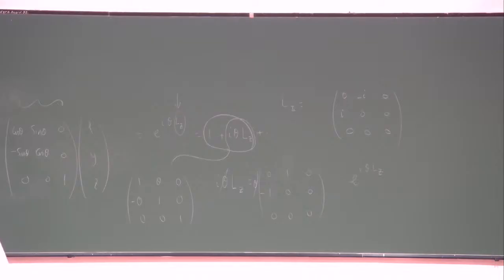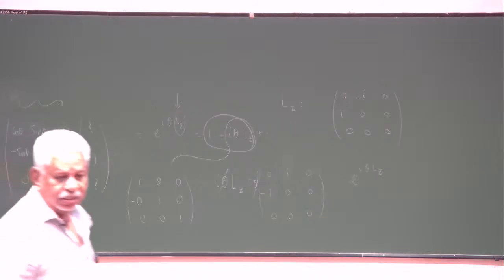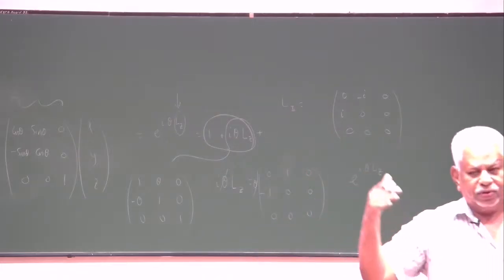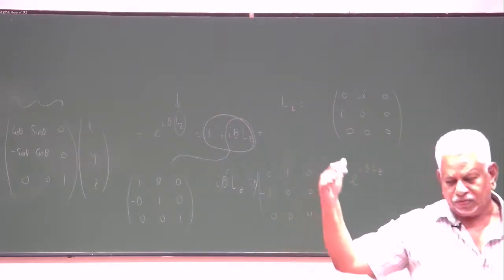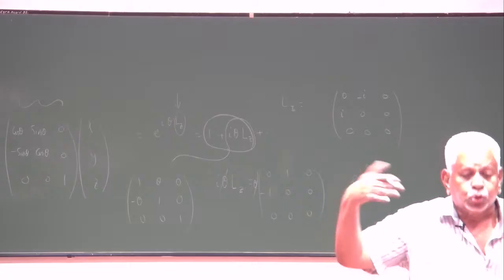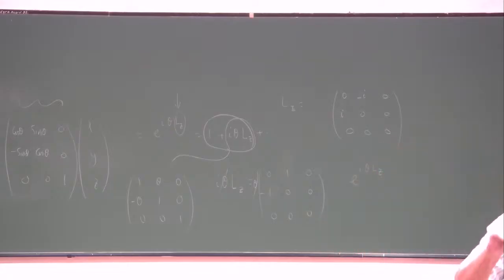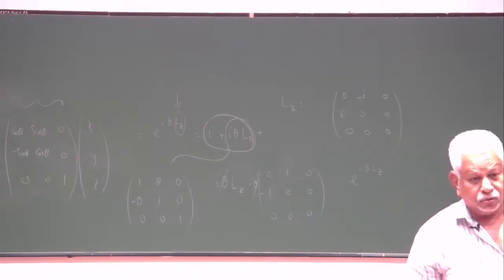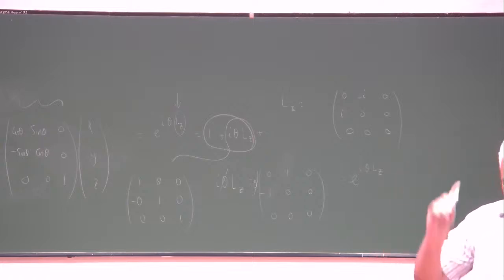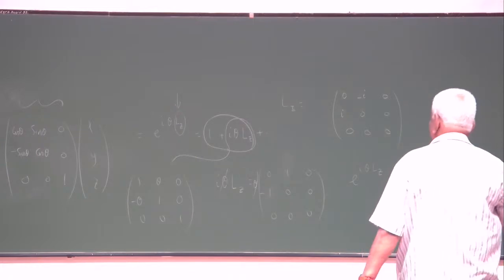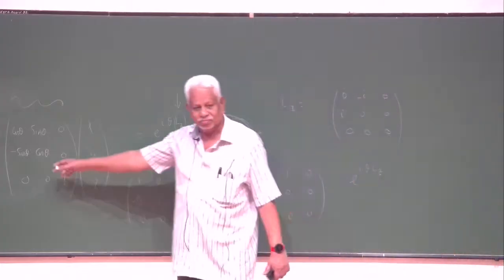Whatever formula is there for e power x, 1 plus x plus x squared by factorial 2, x cube by factorial 3, etc., is true even for matrices. e power A, where A is a matrix, is 1 plus A plus A square by factorial 2, A cube by factorial 3, etc. If you do that, you will exactly get this matrix.